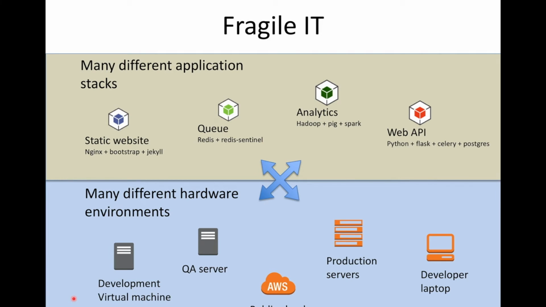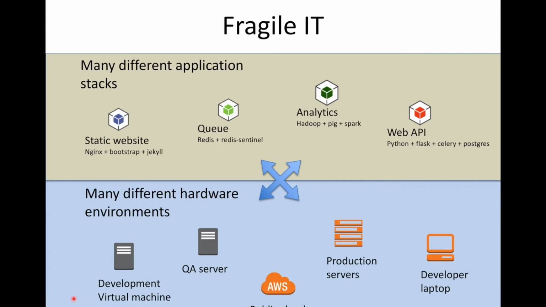So one of the challenges we face in IT traditionally is that oftentimes we're dealing with many different application stacks in our environment. We might have like a static website application that's running on Nginx. We might have some sort of message queue, using something like maybe Redis.